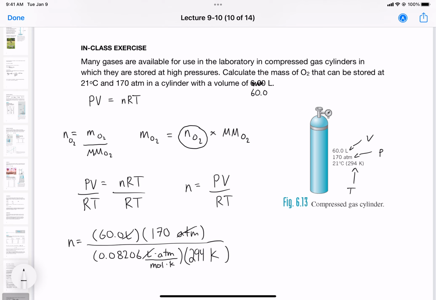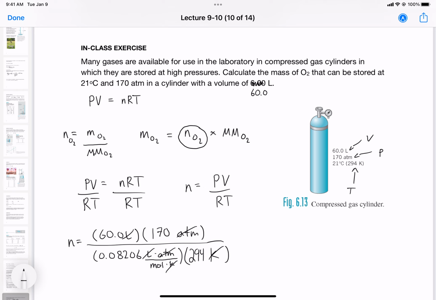Liters cancel, atmospheres cancel, kelvin cancel. And since moles is in the denominator of the gas constant, it's going to appear on top as mole. So we're going to end up with moles as we calculate this.